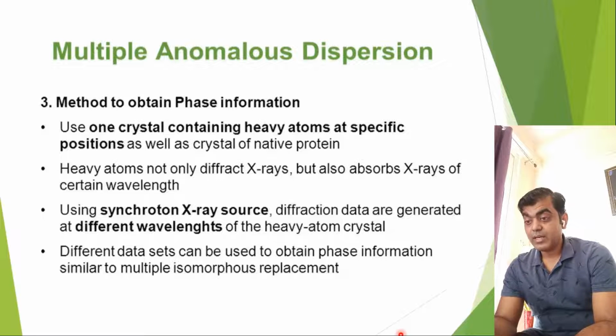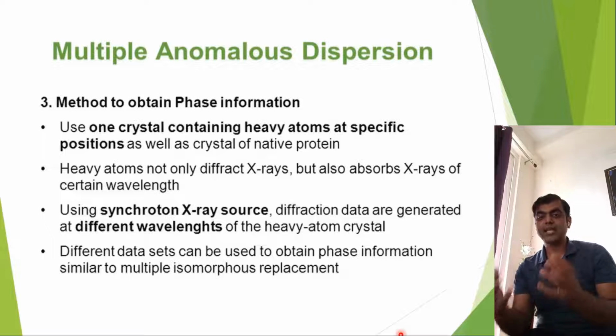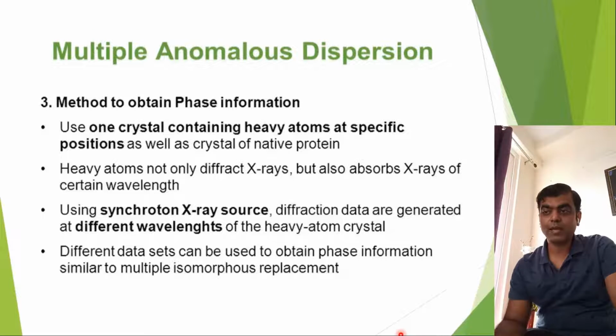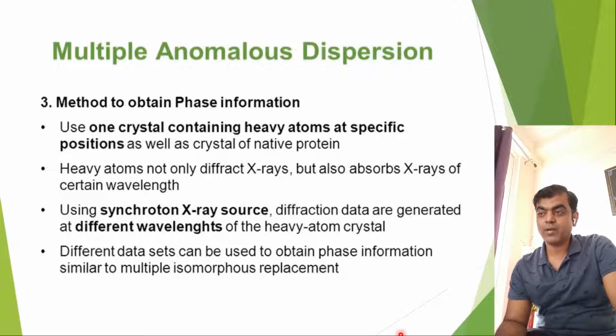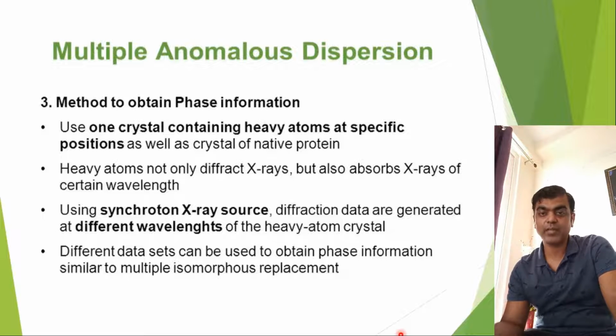Now different data sets can be obtained and used to obtain the phase information, similar to multiple isomorphous replacements. So based on this we are getting the phase information, and the same simulation we did in case of MIR, we will be doing in case of multiple anomalous dispersion. The only difference is that here we are using different wavelengths or slight modifications in wavelengths of the X-rays.